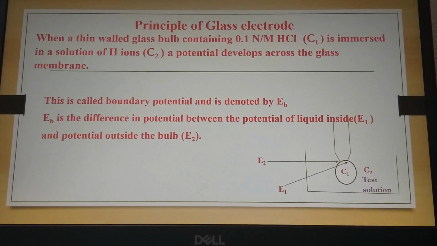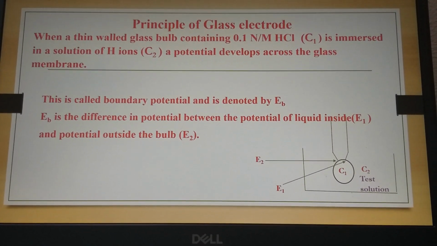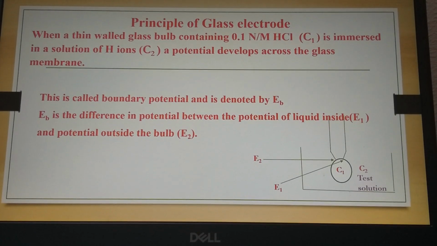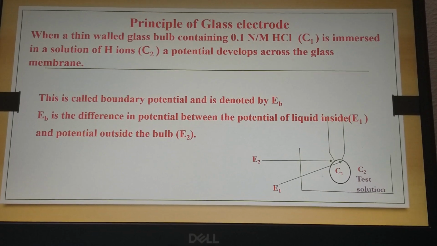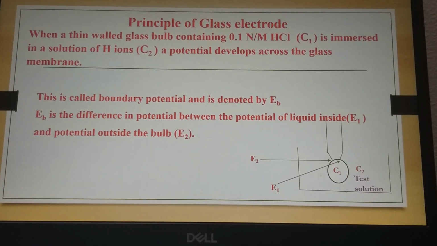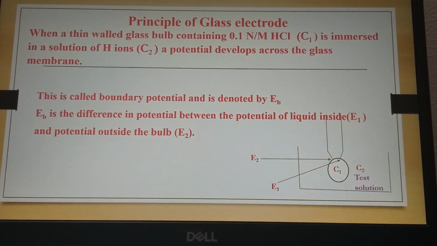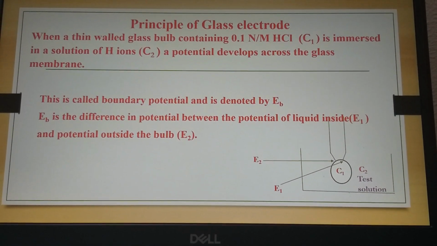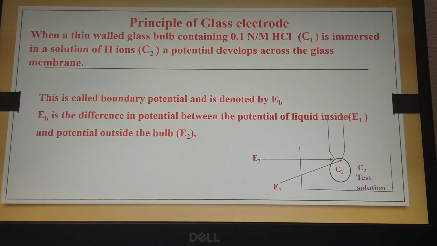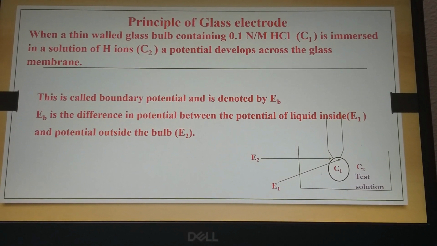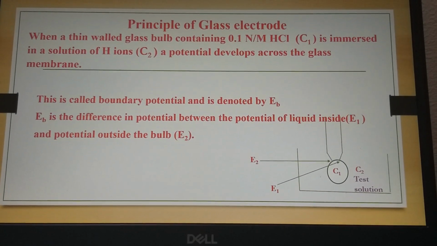Now let us see the principle on which the glass electrode works. The bulb, which is very special because it is made of thin-walled soda glass, is filled with 0.1 normal hydrochloric acid. Let the concentration of the hydrochloric acid inside the glass bulb be C1.